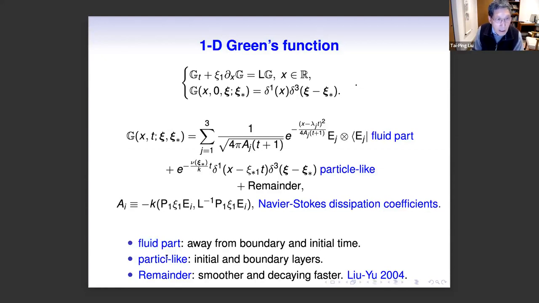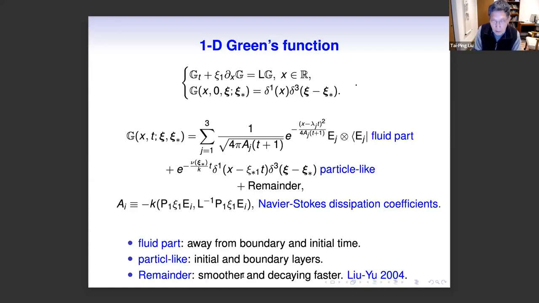And the particle-like waves decay exponentially, so they very soon become insignificant. However, on the initial layer and the boundary layer, they are the dominant factor. And the remainder is smoother than the particle one, and decays faster than the fluid one.